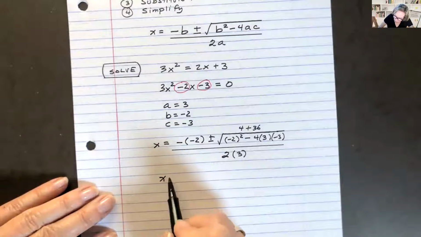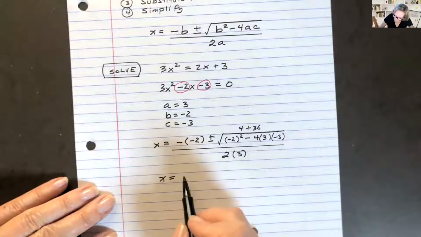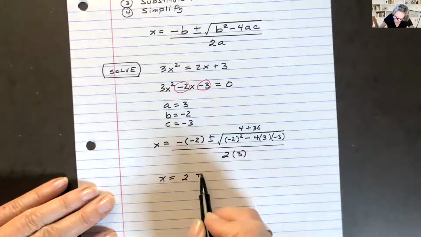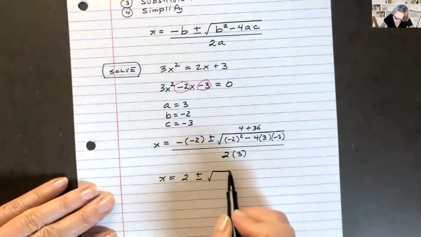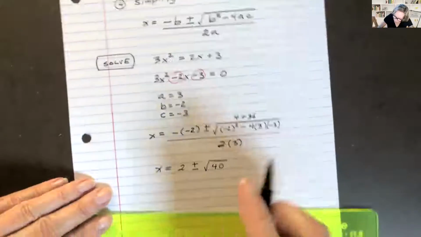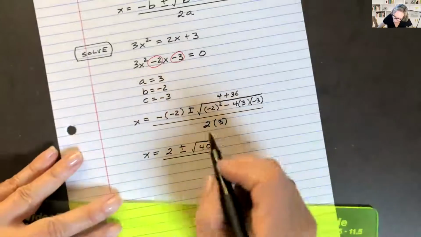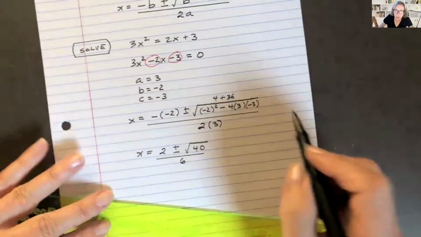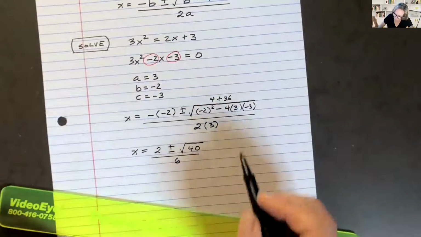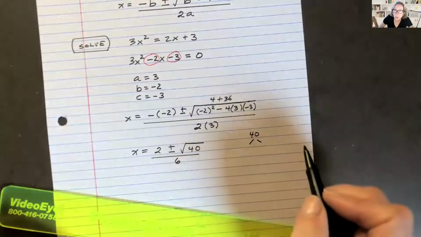So I go to the next line, and I'm continuing to simplify. The opposite of negative 2 is just a positive 2, plus or minus the square root of, we said this is 40 under the radical sign, and that is all over the entire right side over 2 times 3, which is 6. So now I have to simplify the square root of 40. If you think about prime factors, divide by 2 as long as you can.